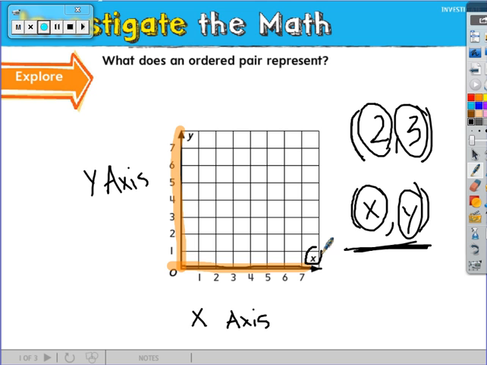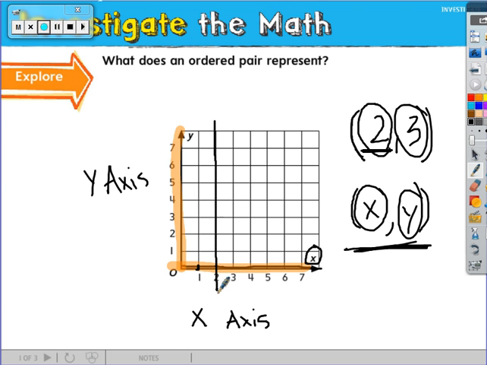So I go to my x-axis, and I count how many? 1, 2. The way that I usually do this is I'll draw a line and write down 2.